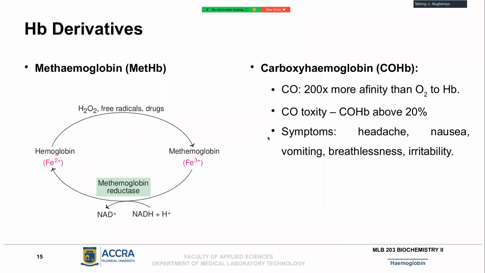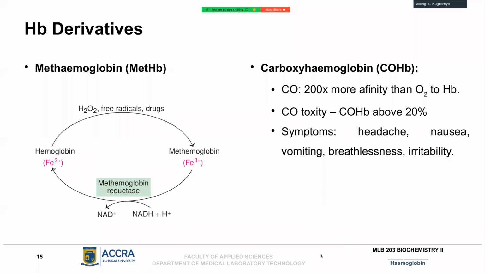Then the second one we are looking at as a hemoglobin derivative is carboxyhemoglobin. In an environment where you have an increased amount of carbon monoxide, it is interesting to know that carbon monoxide binds with hemoglobin about 200 times more than oxygen.